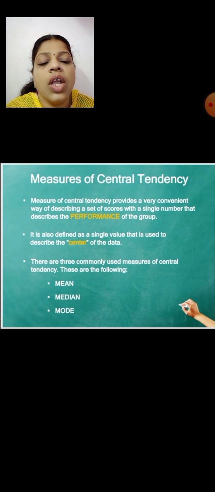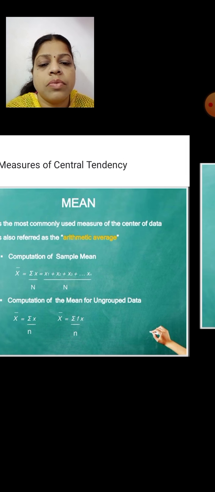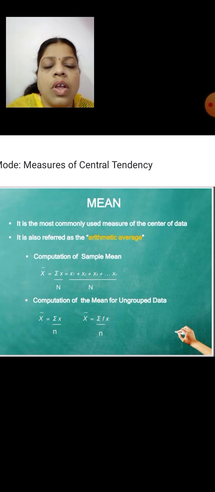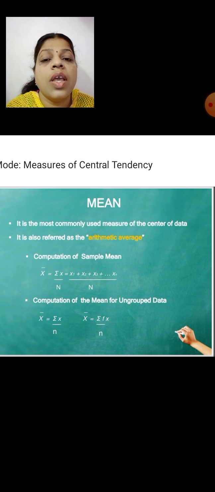The three commonly used measures of central tendency are mean, median, and mode. We have already discussed the mean, median, and mode for the ungrouped data.